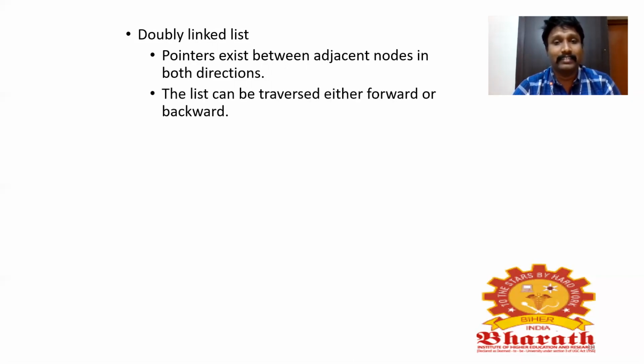The list can be traversed either forward or backward. Forward traversal as well as backward traversal can be done in the doubly linked list. Through what? Through the pointers. Because each node will have two pointers, one on each side, the right and left.